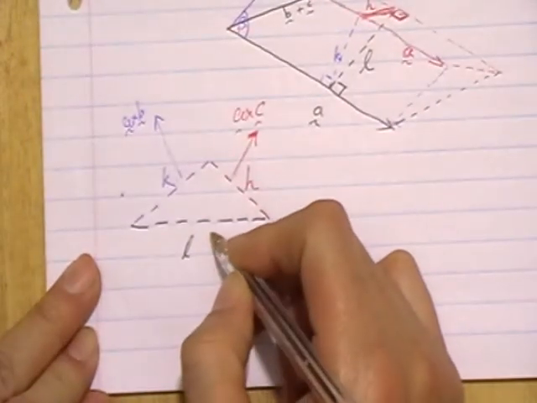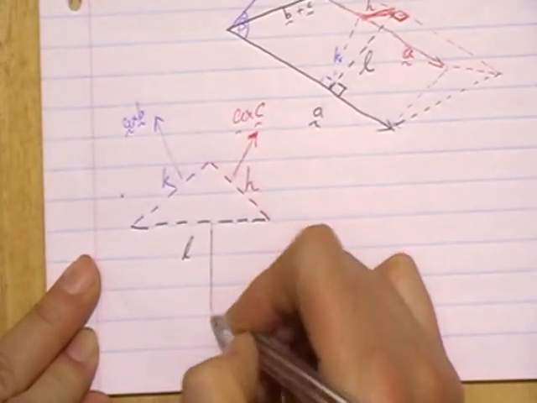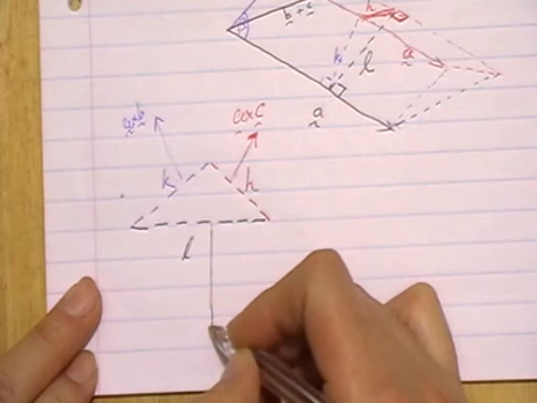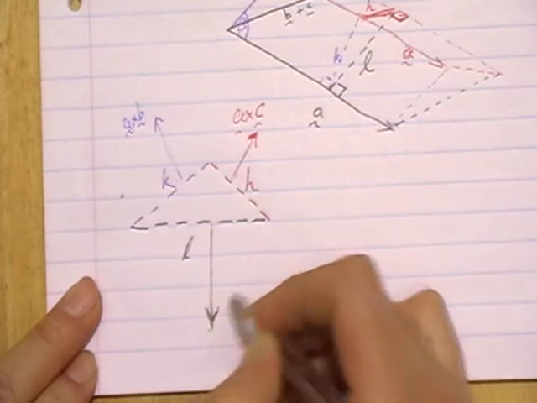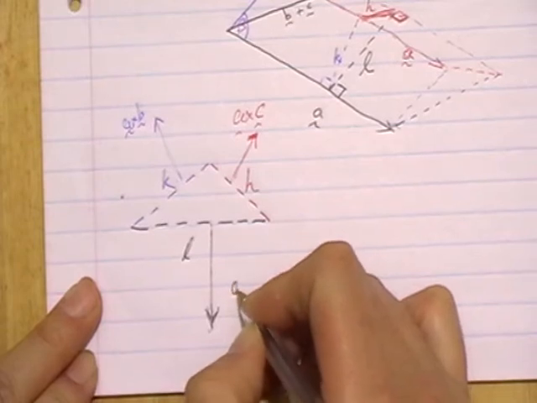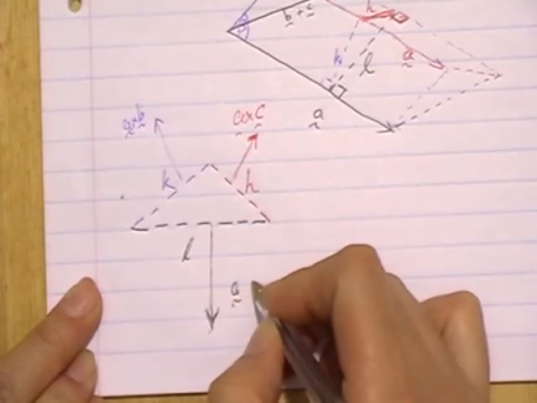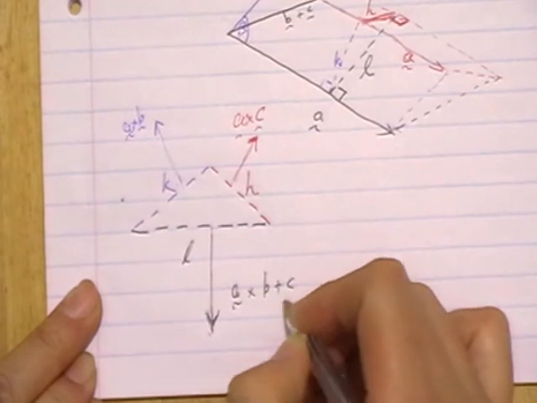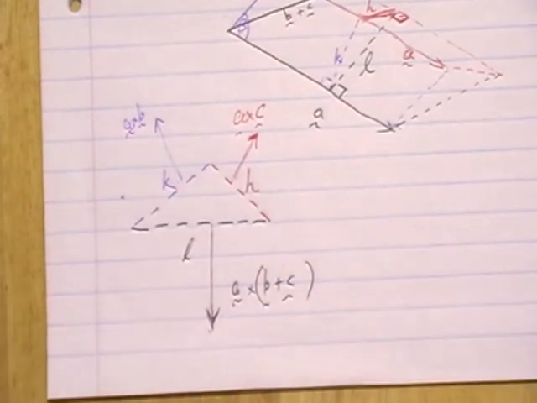So I can sketch that here. A cross B plus C. Right.